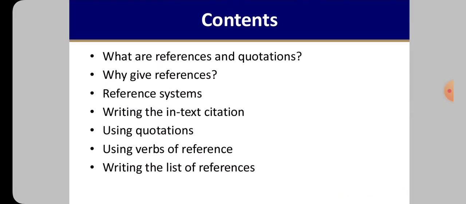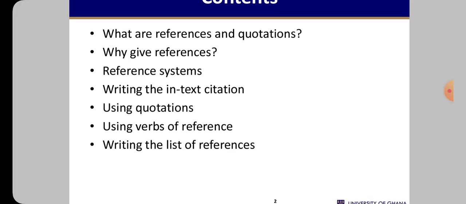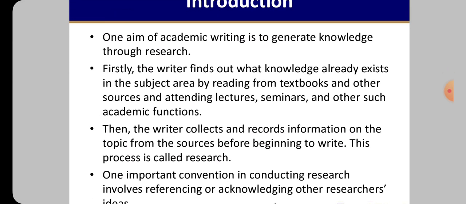We are coming to look at what references and quotations mean. Why do we give references, and then the reference system, writing the in-text citation, and then end-text citation. Also how to use quotations, using verbs of reference, and then writing the list of references. So these are the things we are coming to do.